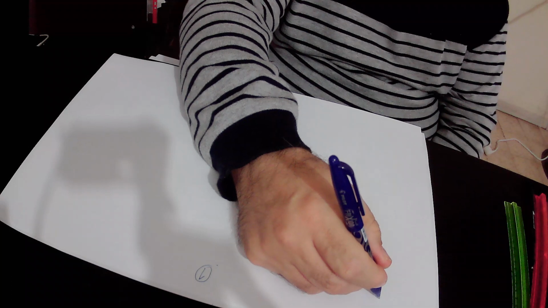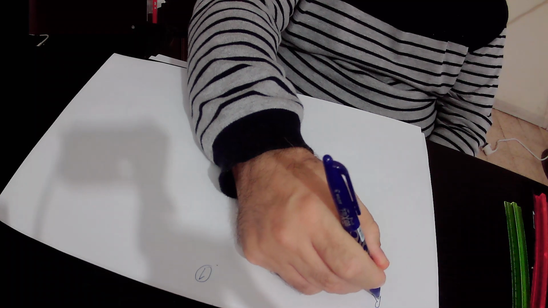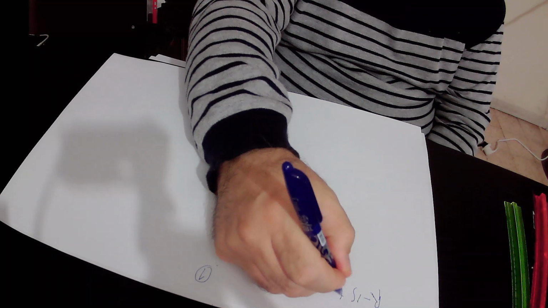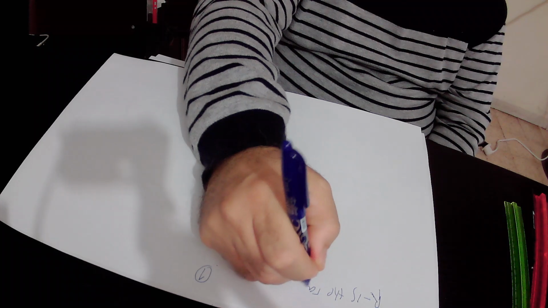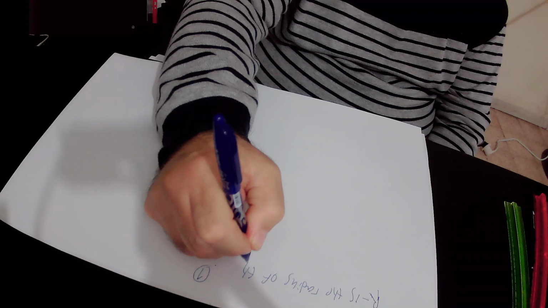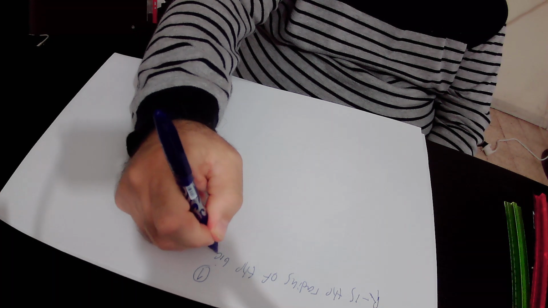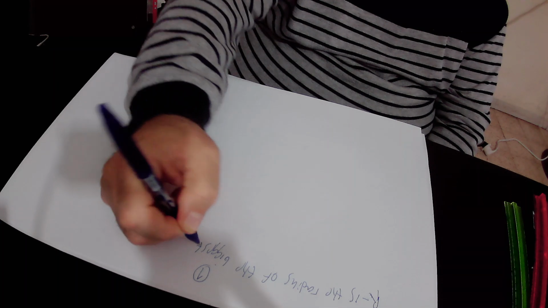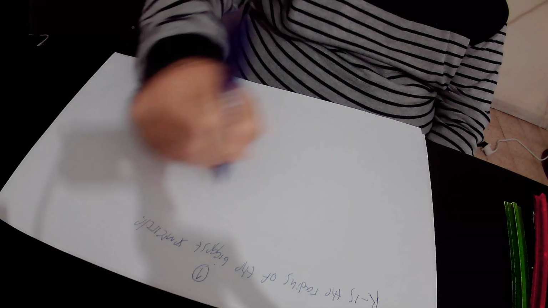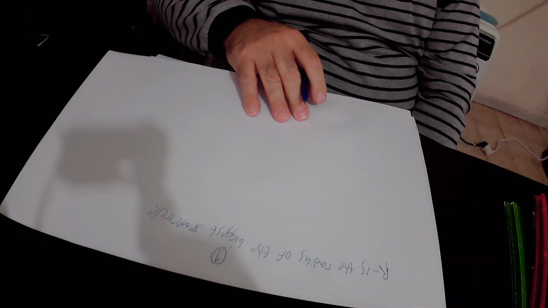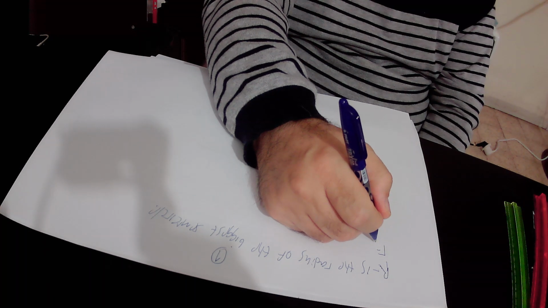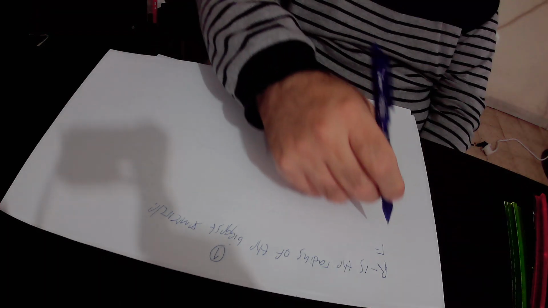According to our definition, capital R is the radius of the biggest semicircle and small r is the radius that we are looking for, the radius of the small circle.